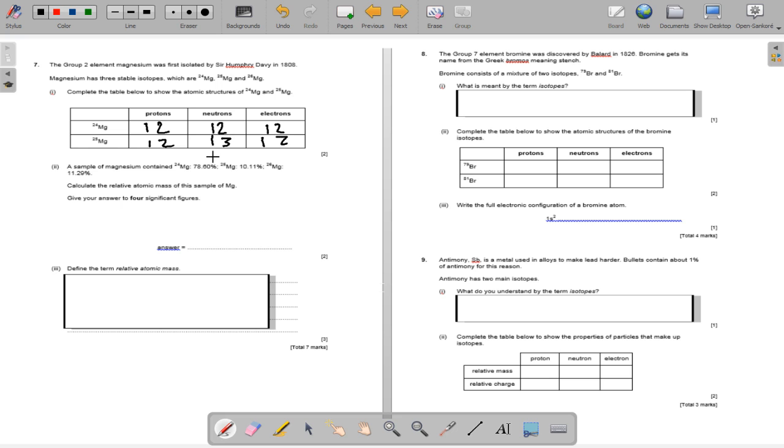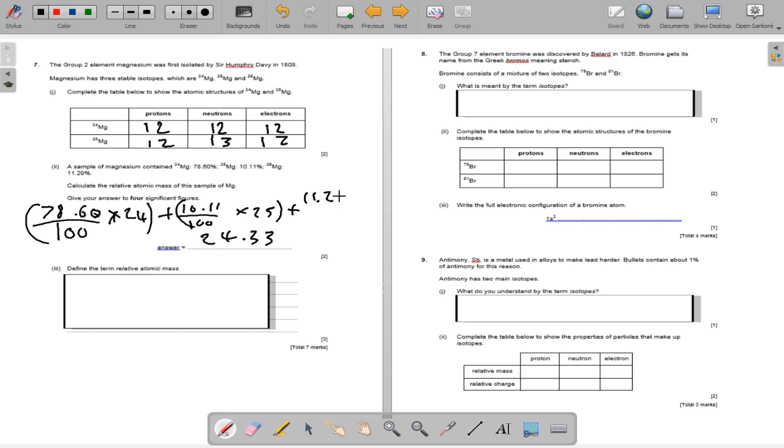So calculating the relative atomic mass, we get 24.33, and that comes from multiplying each abundance by its mass, times 24 and so on.